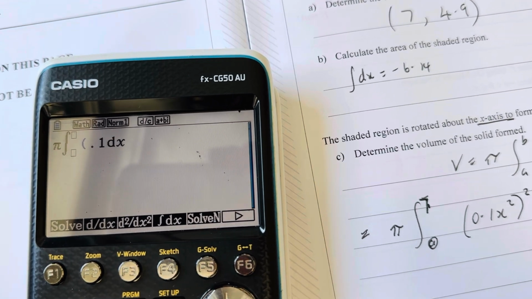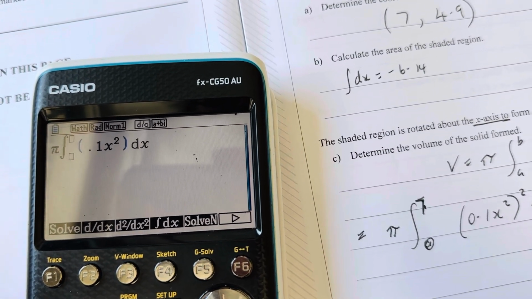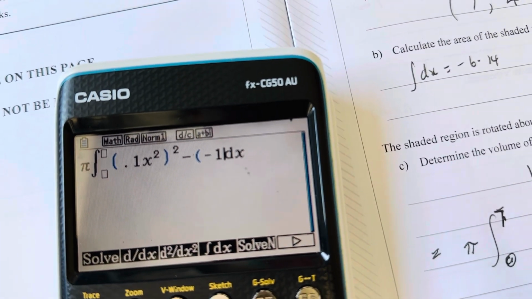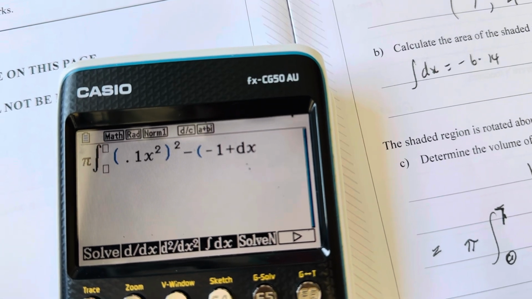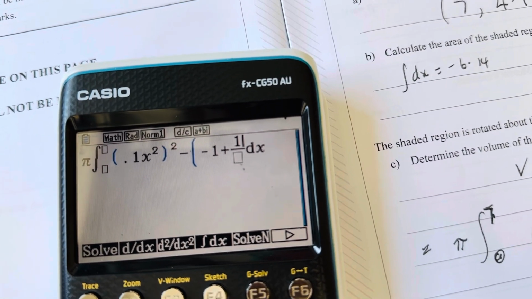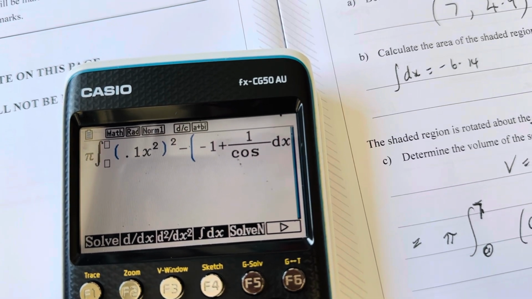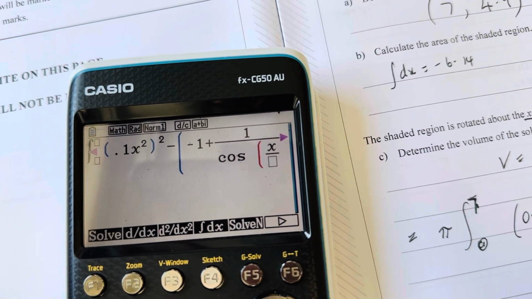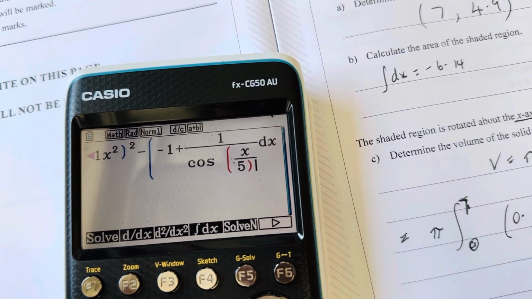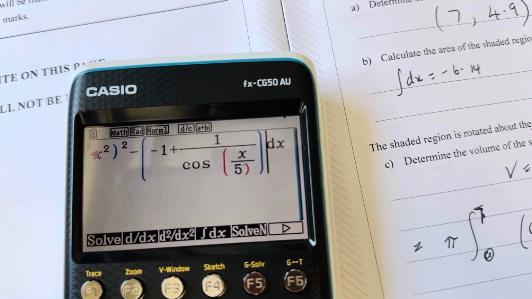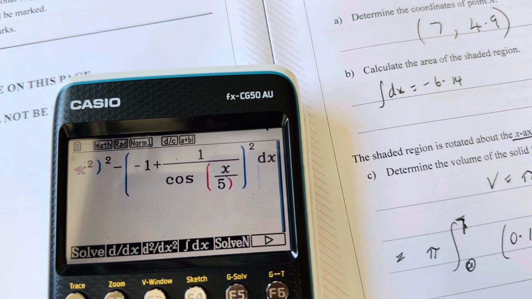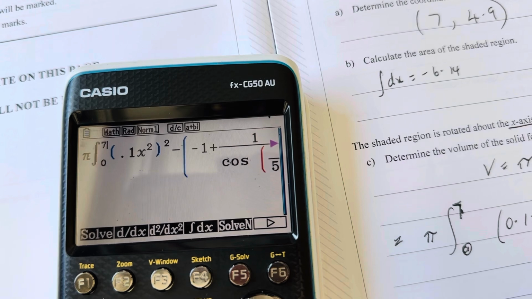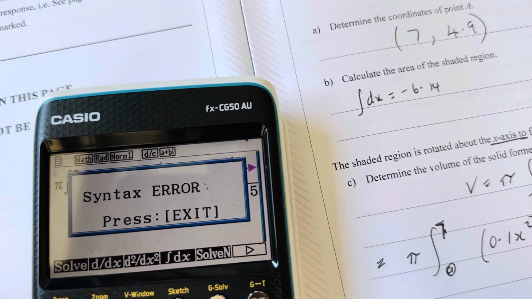Brackets 0.1x squared close bracket squared, take away in brackets -1 plus, I always do this with sec, I always put 1 on the top, and then it's going to be cos in brackets x over 5, close those brackets, close those brackets, squared, between 0 and 7. Oh, syntax error.